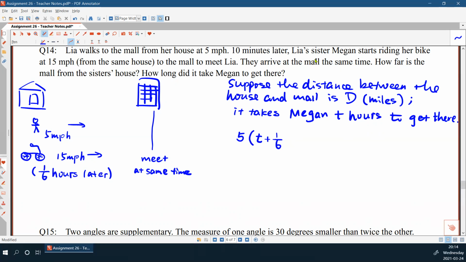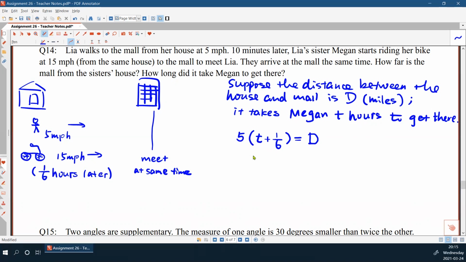And Leah spent 1/6 more hours than Megan. So time taken for Leah is T plus 1/6, correct? Okay, so speed times time taken equals the distance. Distance is D, right? Understand? The first relationship is derived from Leah.